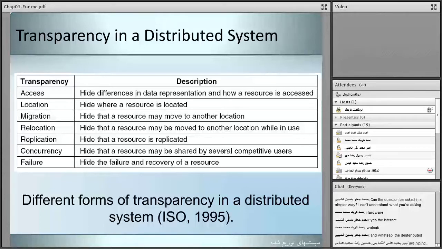Now my question is that, do you think full transparency is always good? Or can you give me an example that location transparency is not a good idea?